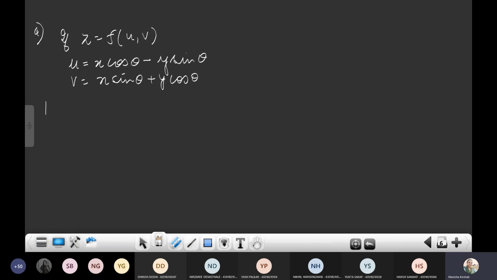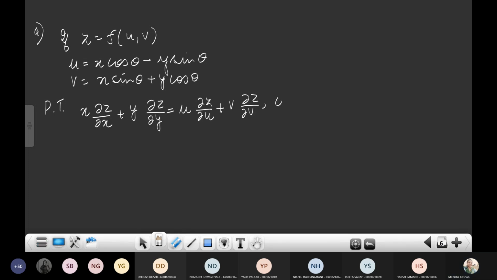Then prove that x into del z del x plus y into del z del y is equal to u into del z del u plus v into del z del v. So this is what we want to prove.